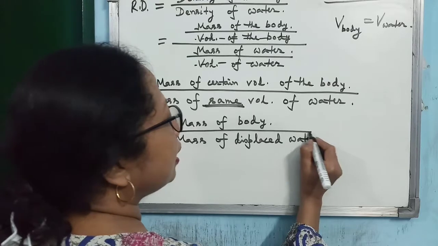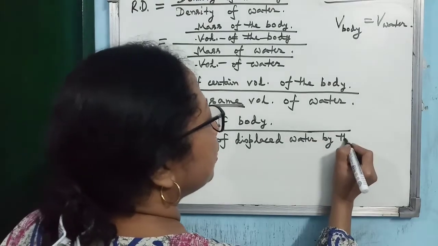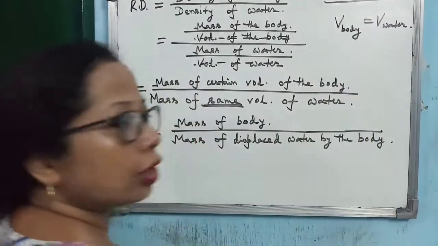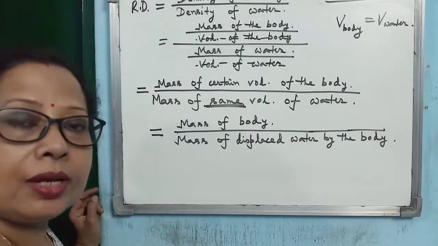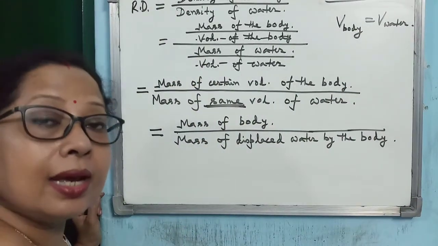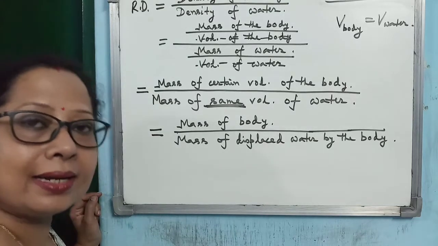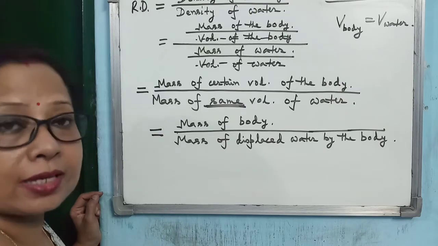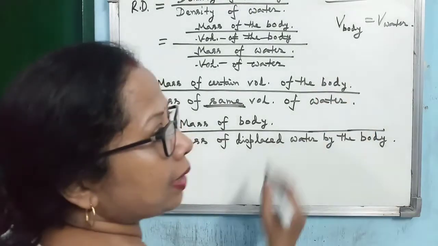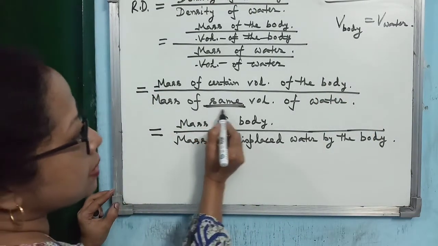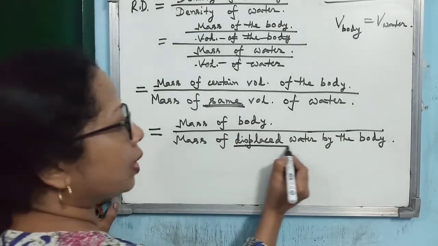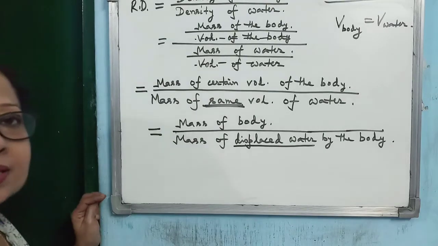Because when the volume of the body and volume of water become equal, when you are immersing the body inside water and considering the volume of the displaced water, then only these two become equal. So in place of same volume of water, I can just write displaced water by the body. Is that clear?